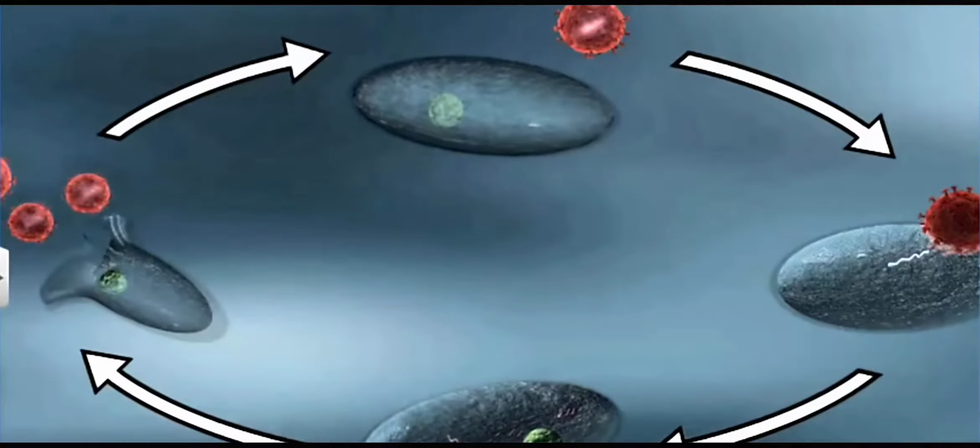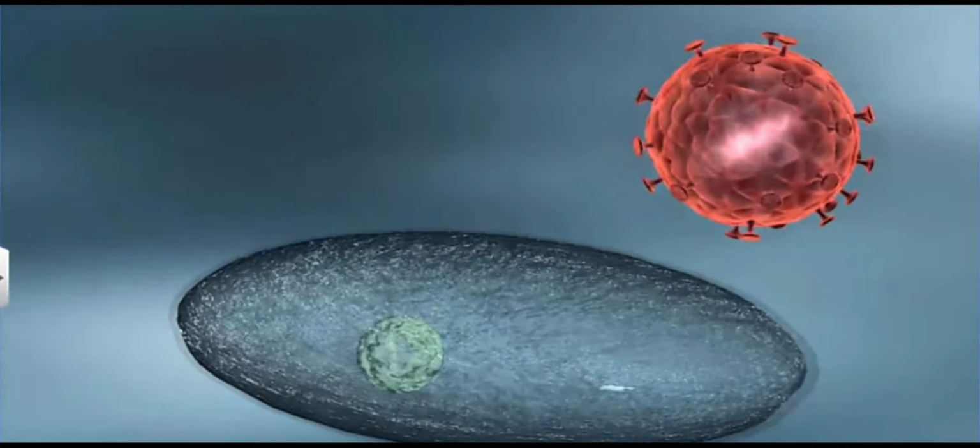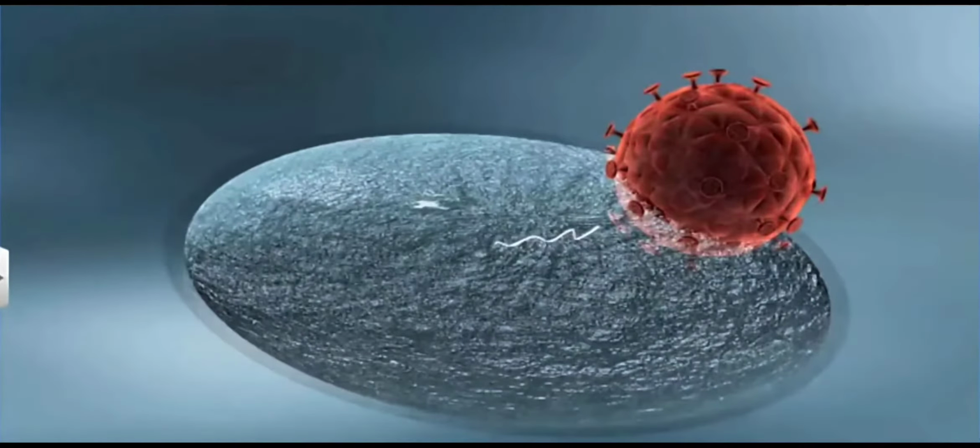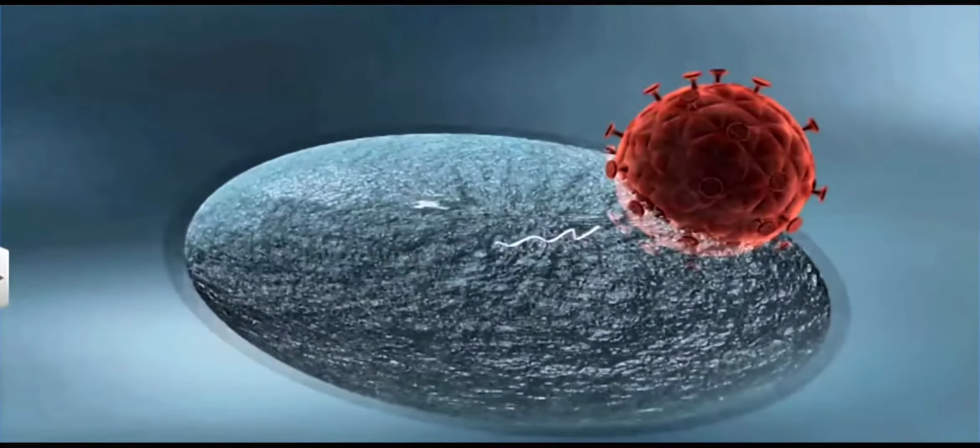These viruses enter the host and take the machinery of the host to multiply themselves. Inside the host only they can reproduce. Outside the host they cannot reproduce. That's why they are called obligate parasites. Outside the host they can remain for a very, very long time.